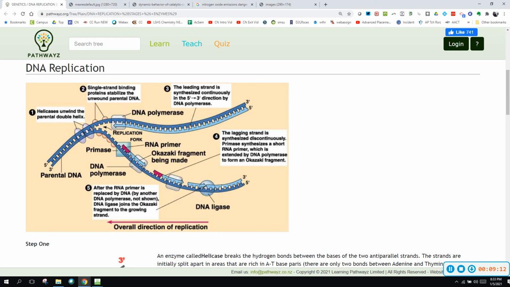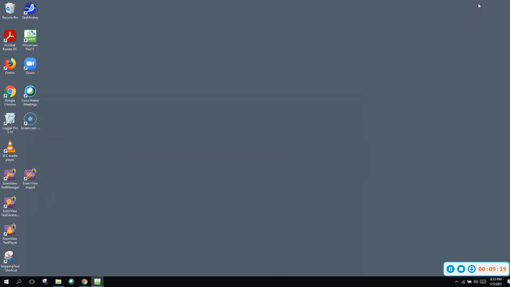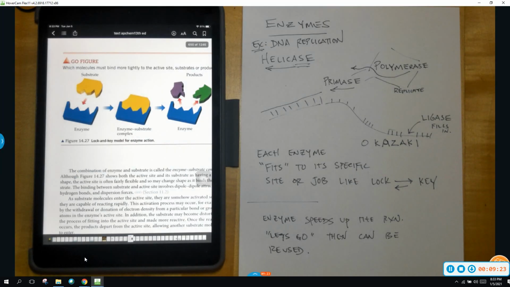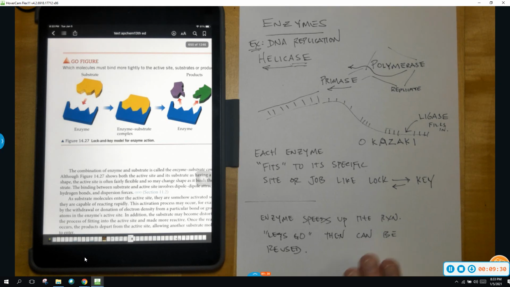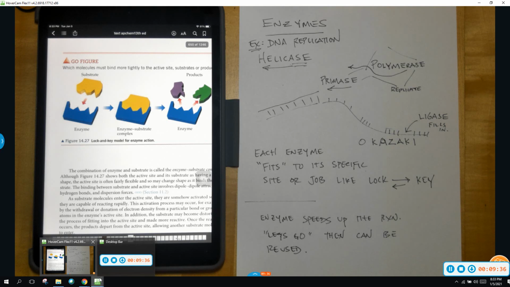So you can see that many of the things that you studied in biology, anything that ends in ASE, is always known as an enzyme, and we have enzymes everywhere in biological chemistry that speed up chemical reactions, and then they can be reused again, which is super important. So I hope you learned a couple things about enzymes, catalysis, and catalytic converters today.